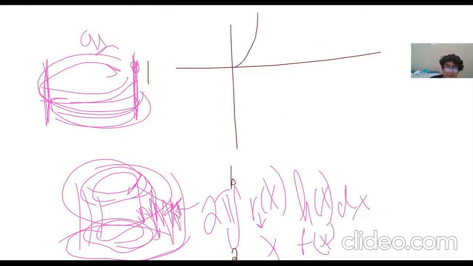When you make the cylinder while coming around, you're using 2 pi as a multiplier to rotate around 360 degrees. But if you have something like this, you don't need to rotate around 360 degrees because you're already getting all of this area, and you only need to flip it around 180 degrees to get the full effect.